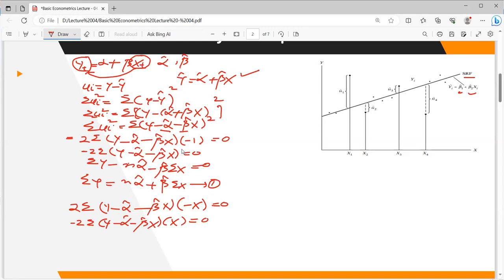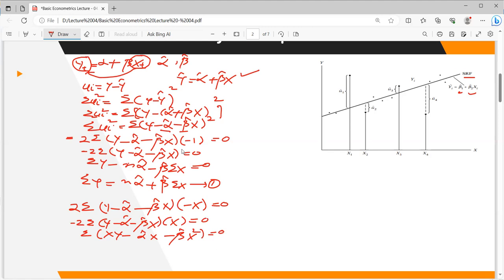If we multiply x inside the bracket, the equation will be summation of (xy minus alpha estimated x minus beta estimated x square) is equal to 0.